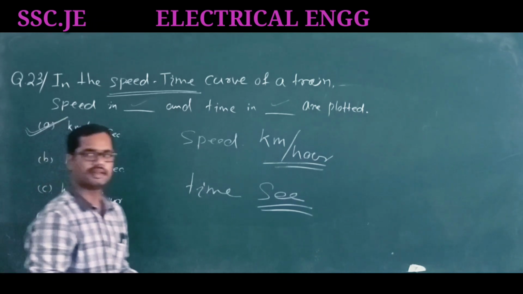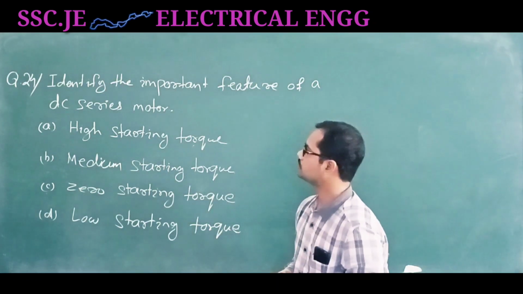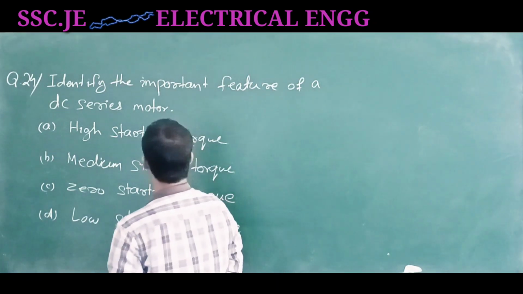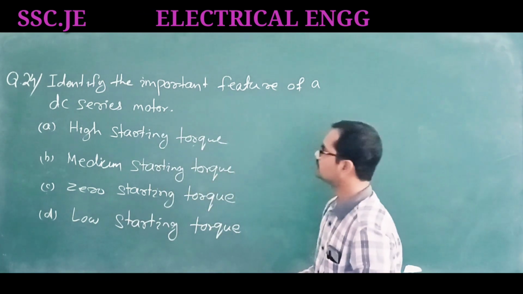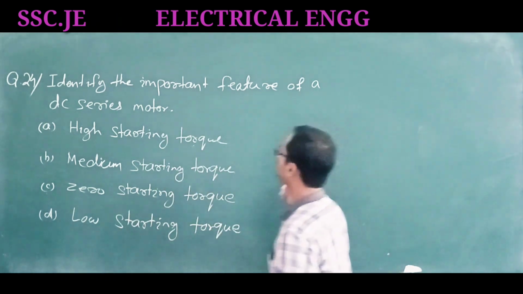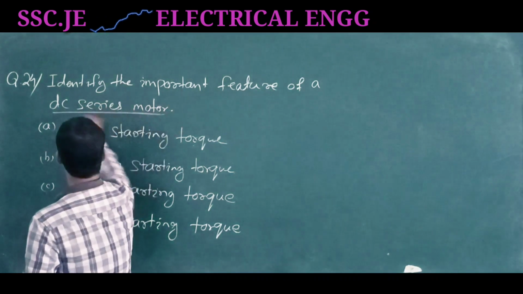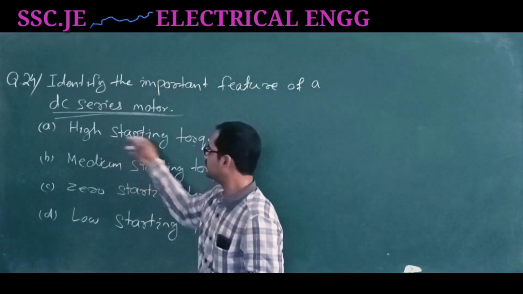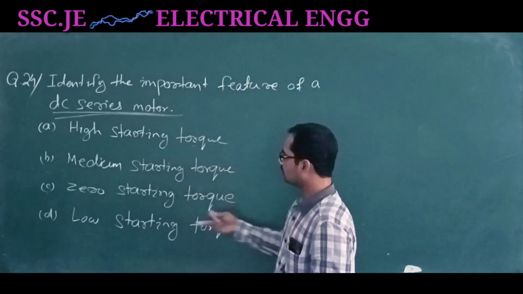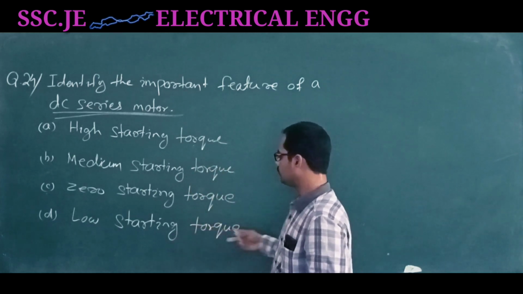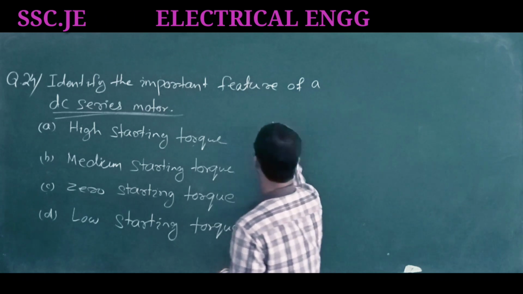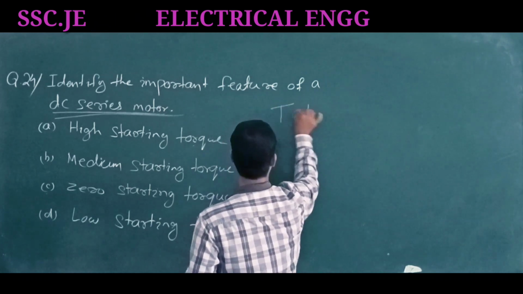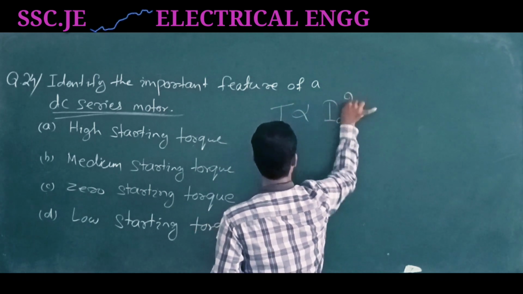So moving to the next question, question number 24. Identify the important feature of a DC series motor. The options are high starting torque, medium starting torque, zero starting torque, low starting torque. We know that in a DC series motor, torque is directly proportional to Ia square.